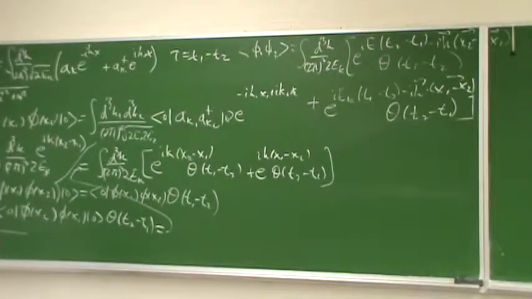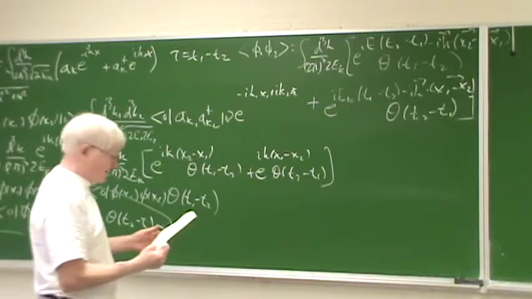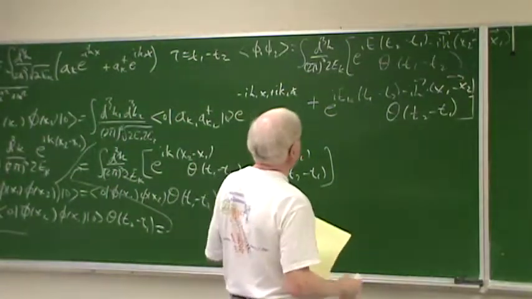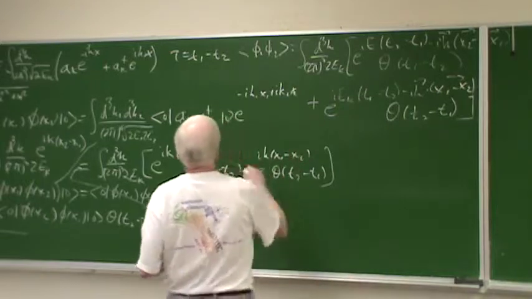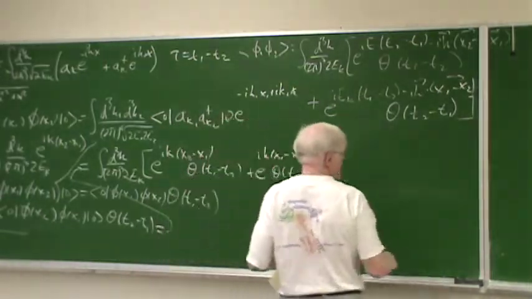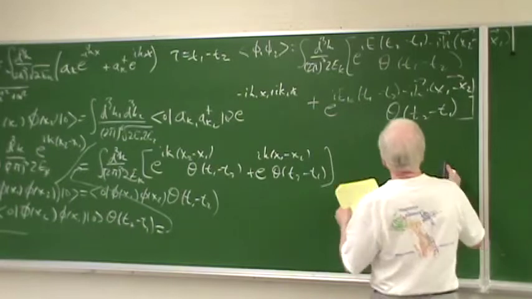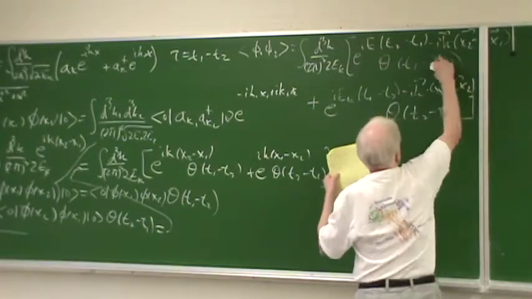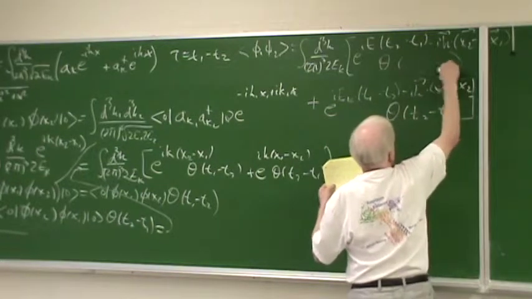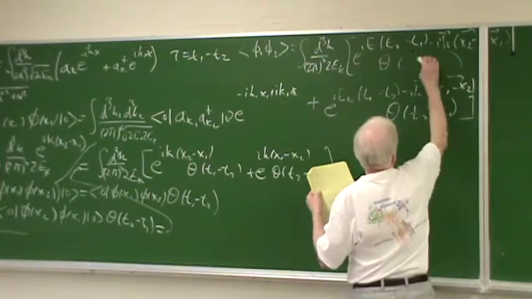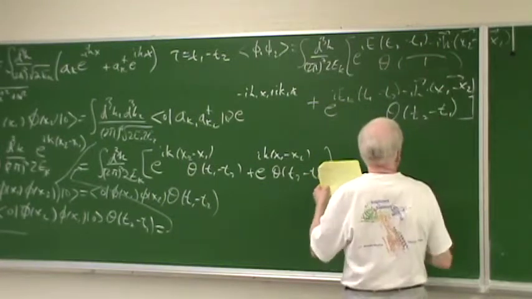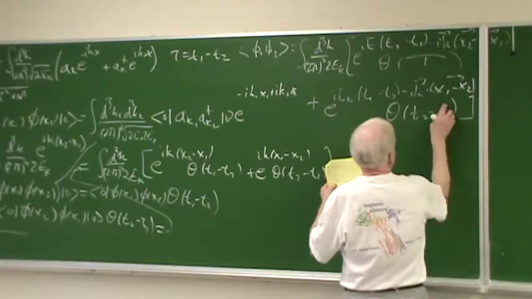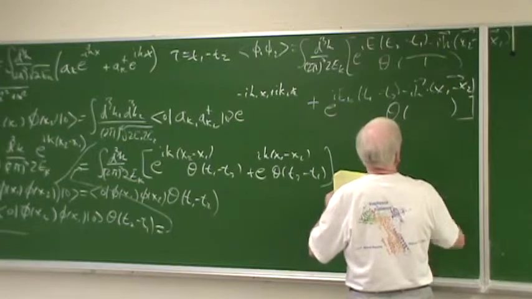Okay. Now, we said we were going to introduce this tau being t1 minus t2. So let me do that with an eraser. This is tau, and this one here is minus tau.